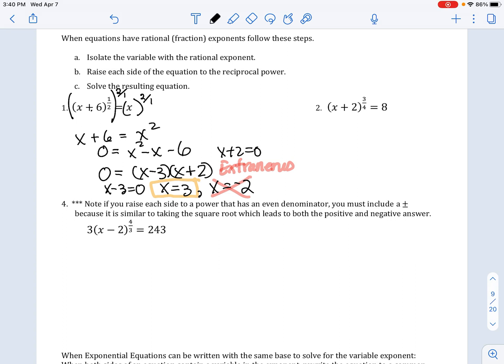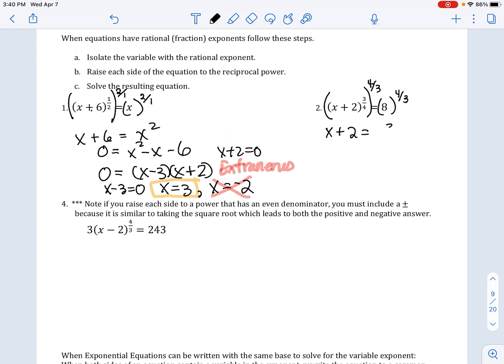Okay, number 2. We're going to raise both sides to the reciprocal power. So we're going to raise this to the 4/3, and we're going to raise 8 to the 4/3. On the left side, 3/4 times 4/3 is x plus 2. On the right side, we're going to rewrite it so that we can evaluate it.